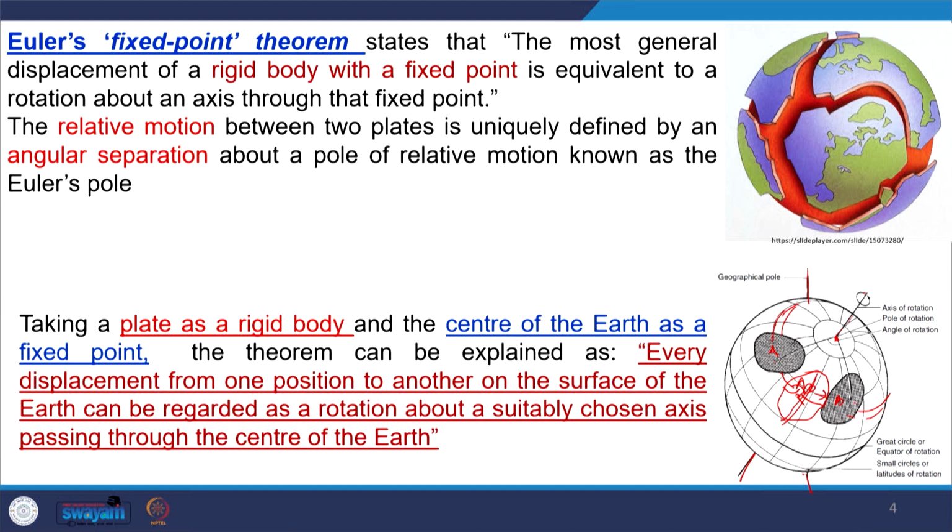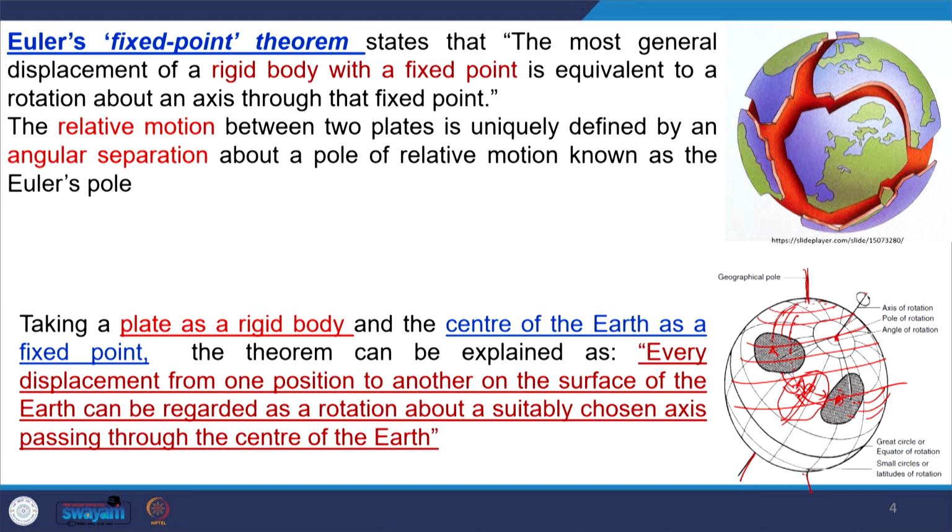Any point on this plate, through its subsequent motion, will create a small circle, and these are called Euler's small circles. If this is the rotational pole, Earth's small circle will be like this, whereas Euler's small circle is like this. So, it has nothing to do with that.